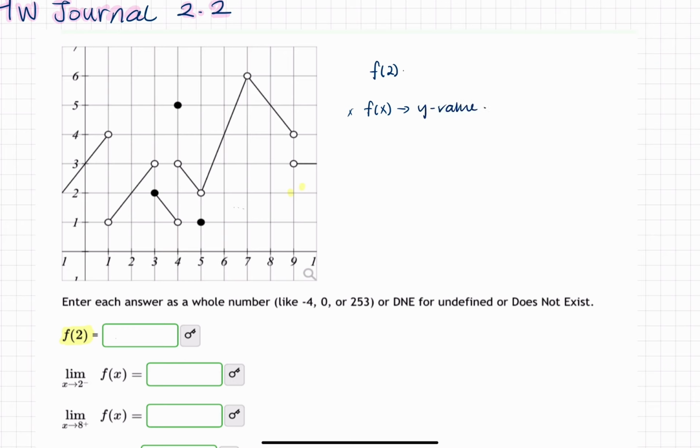So in this case, for f of 2, we're looking for the corresponding y value when x equals 2.